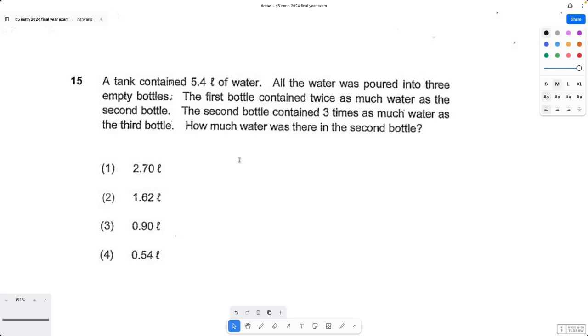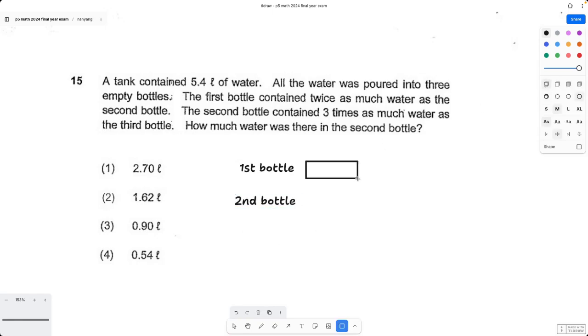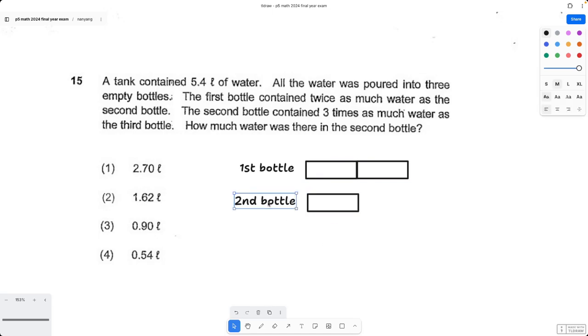Right, so the first bottle is twice as much as the second bottle. So we have the first bottle and the second bottle. If we were to draw, let me draw the models like this. So 1 and then 2. The first bottle contained twice as much as the second bottle. And then the second bottle contains 3 times as much as the third bottle.